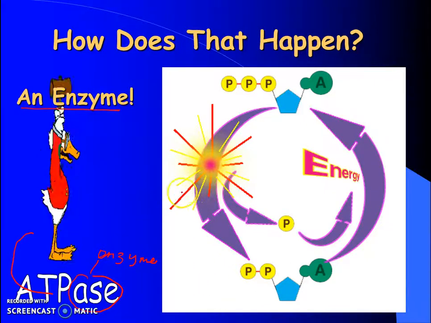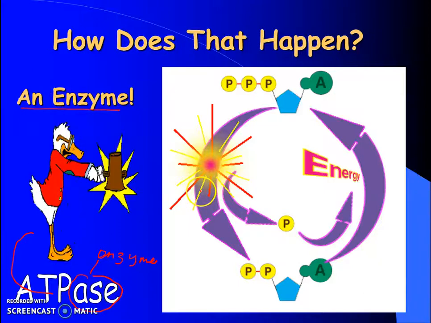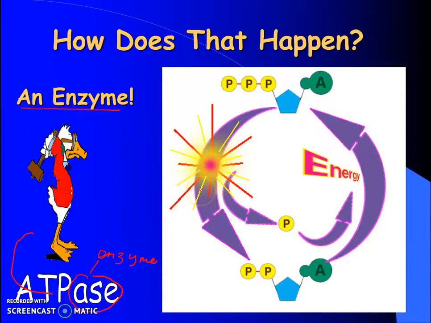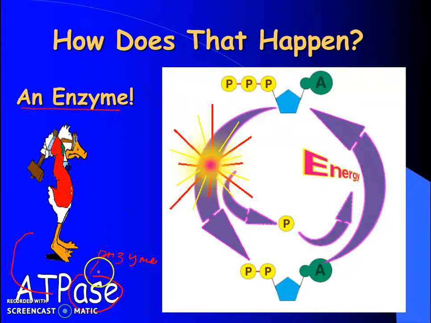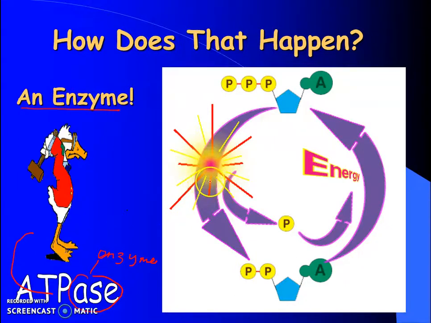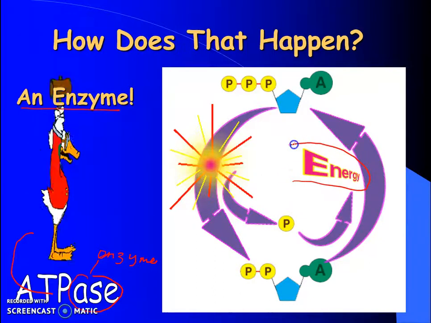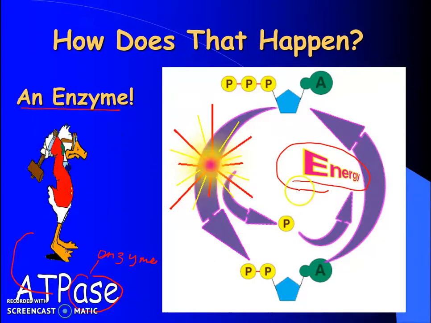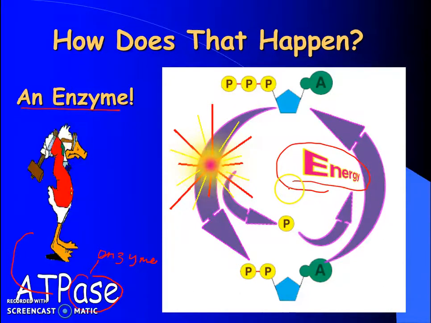So ATP is broken into ADP, that is adenosine triphosphate is converted into adenosine diphosphate, with the help of an enzyme called ATPase. When ATP gets converted into ADP, energy is released, and this energy is used for various activities like reproduction, growth, or various metabolic activities.